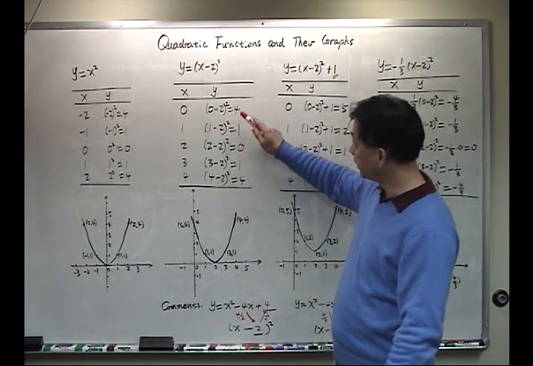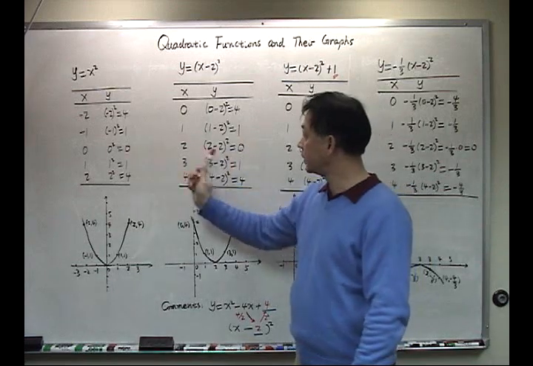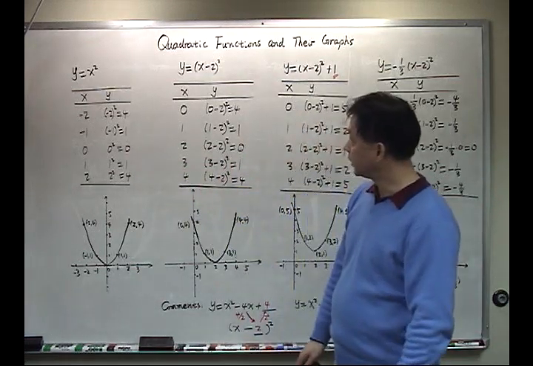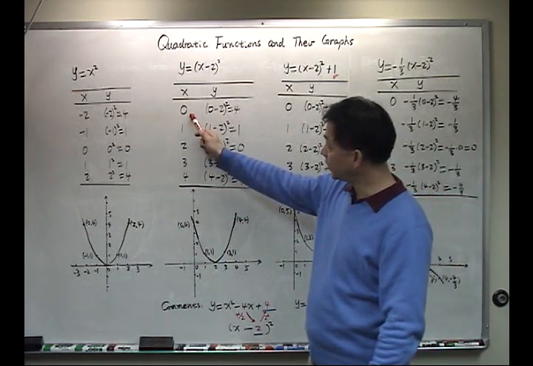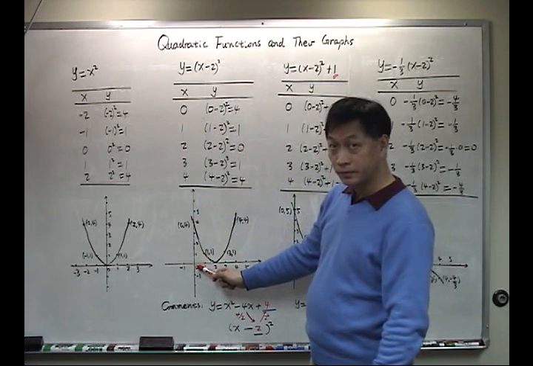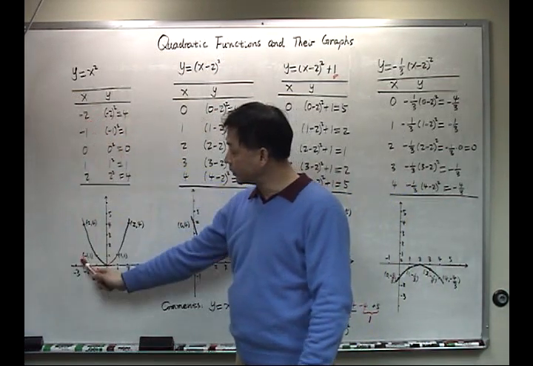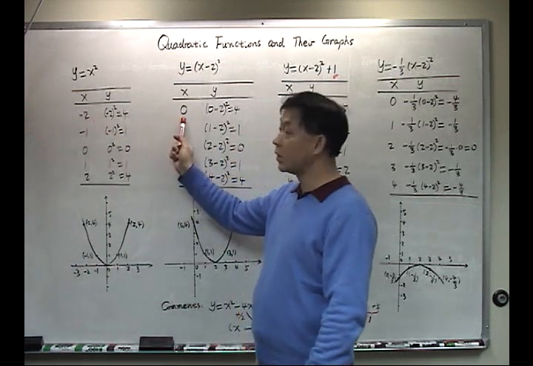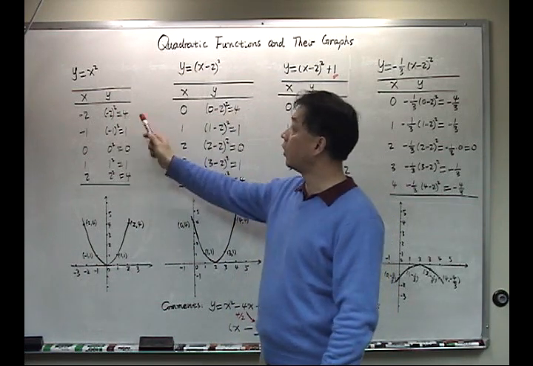So you can see here is 4, here is 4, here is 1, here is 1, 0, 0, 1, 1, 4, 4. But in order to get 4, here x has to be 0. In order to get 4, there x has to be negative 2. So from negative 2 to 0 is 2 units to the right, in order to have the same value 4.